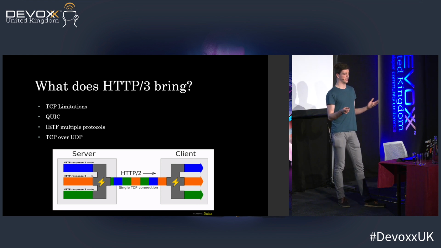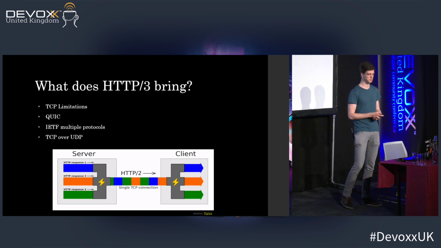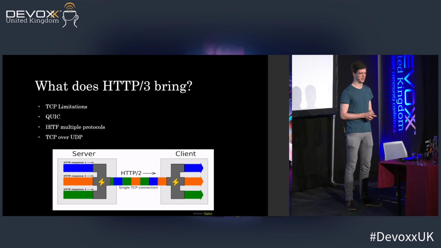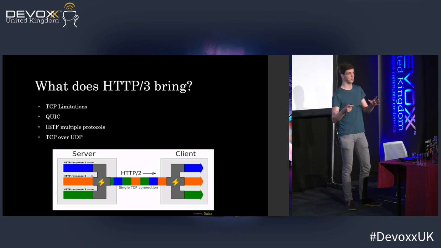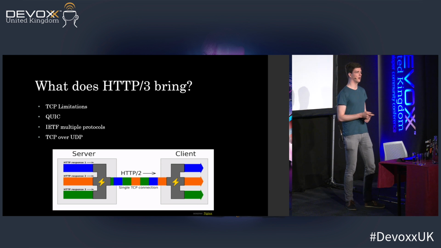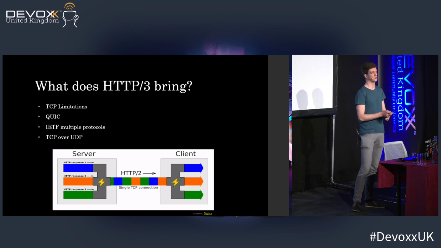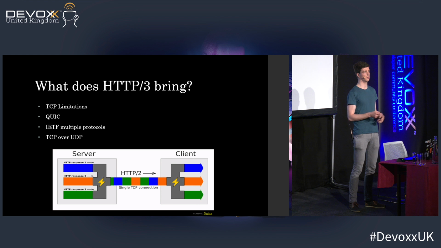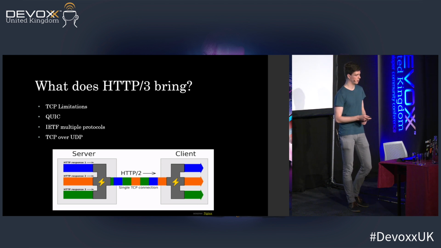The Internet Engineering Task Force then received the specification from Google, and they quickly decided that just using HTTP2 over QUIC wasn't enough, that it needed to support other protocols as well, maybe in the future. So they added some things to make that possible.